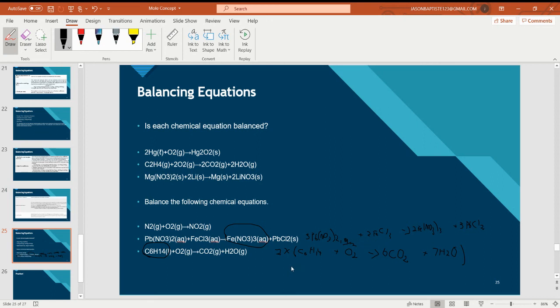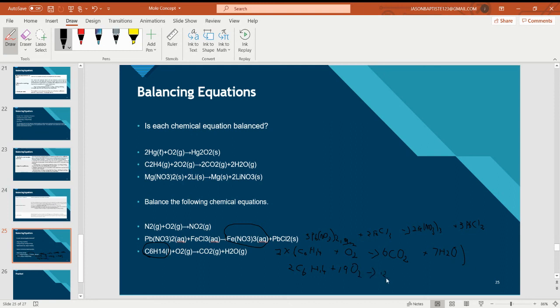So now we're going to have 2 C6H14, because we can't change subscripts, we could only change the coefficients, plus 19 O2.